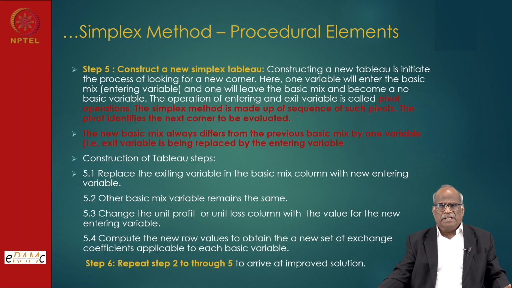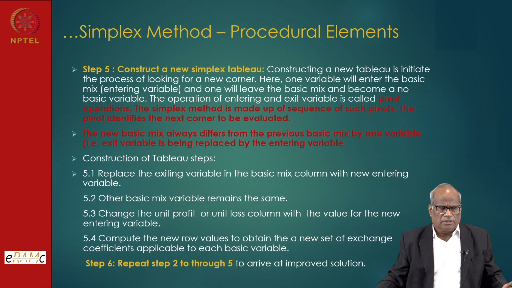The operation of entering and exit variable is called pivot. Where the entering and exit variables are crossing, where they are pointing, that becomes the pivotal point. It could be the SW and X1 intersection, or it could be the SL and X2 intersection, whatever combination gives the pivotal point.